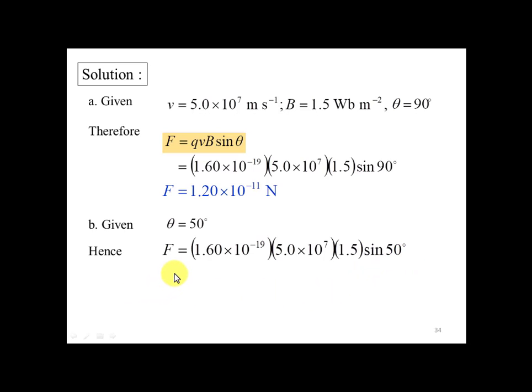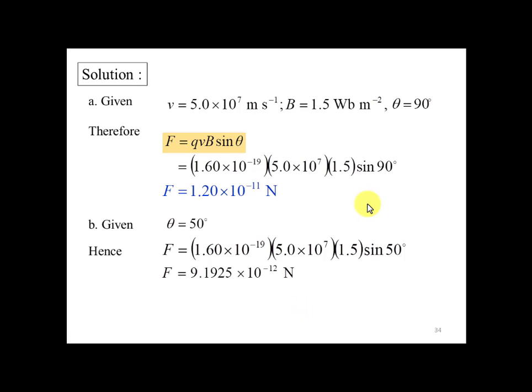Just plug in the values in your calculator and you should get 9.1925 times 10 to the power of negative 12 Newton.